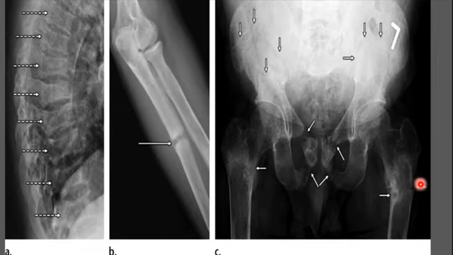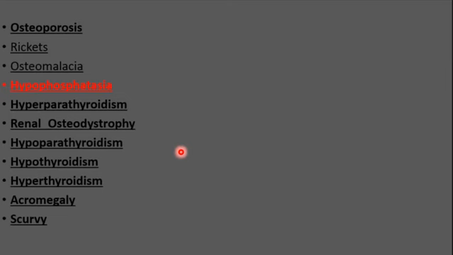And this is also pointers to some of the Looser zones here. That's why I skipped this here.